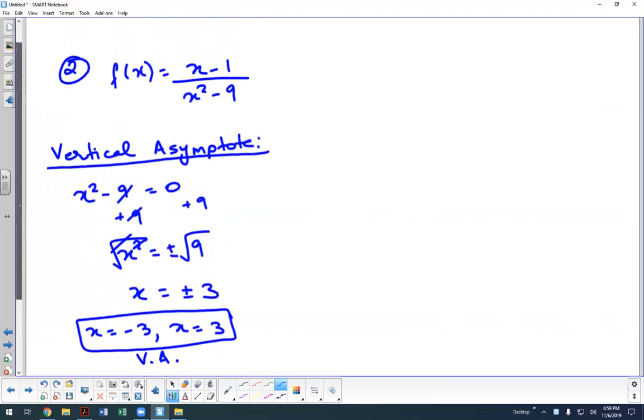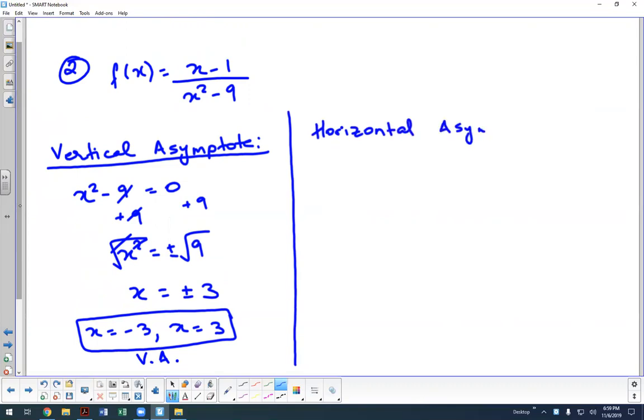Now for horizontal, in this case, it's a little bit different than the handout example we just looked at. Because I have x to the 1 on the numerator and x squared on the denominator, right? So my two x values don't have the same degree. I have a larger degree in the denominator.